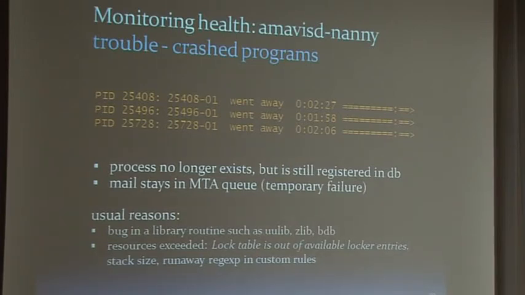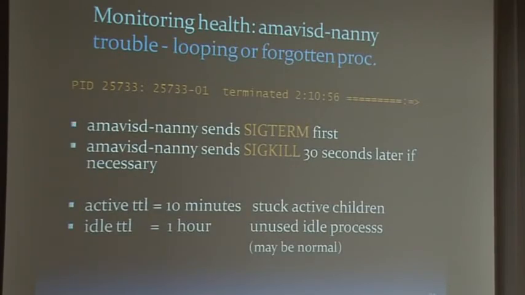So when nanny notices that a process is registered, but it doesn't exist anymore, it says process went away. Investigate. This is the last log ID that job was doing. You can do a grep on the debug and see what happened.